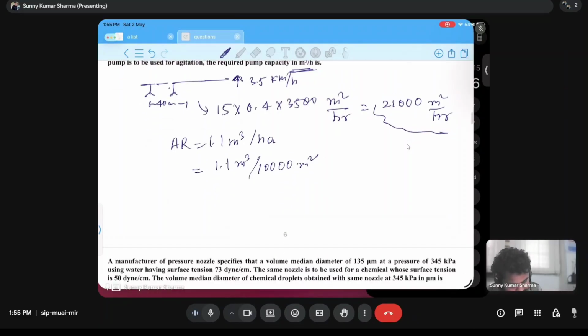So we will just multiply 1.1 meter cube by 10,000 meter square into 21,000 meter square per hour.